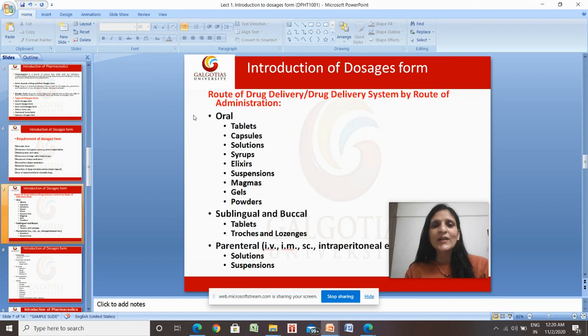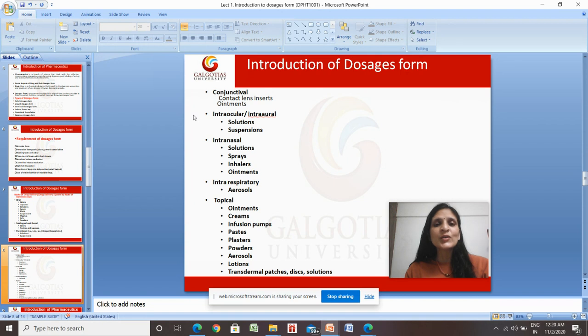Next is routes of drug administration. We can administer the drug by various routes like oral. Oral includes sublingual and buccal cavity. Next is parenteral. Third route is intraocular, that means inside the eye. Next is intraaural, that means inside the ear. Next is intranasal or inhalational, that means through inhalation via the nose or oral cavity.